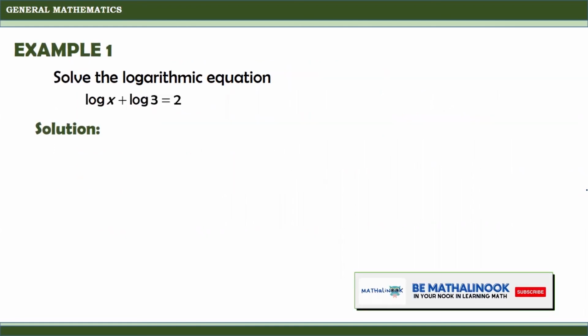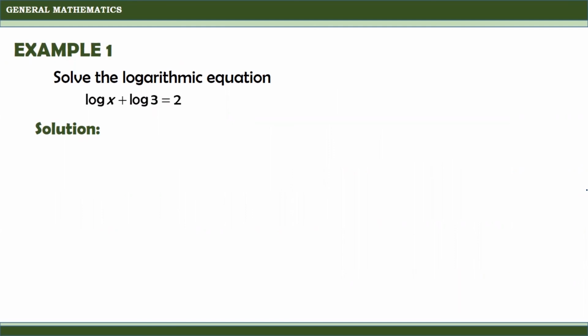Let us try to solve some logarithmic equations using the provided steps earlier. For the first given, solve the logarithmic equation logarithm of x plus logarithm of 3 equals 2.